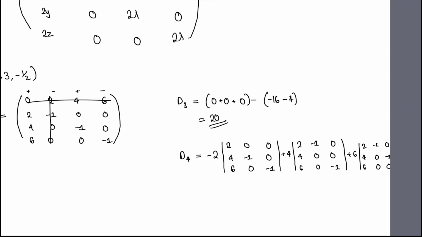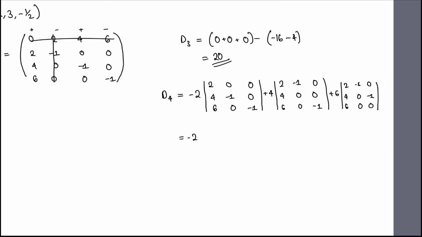6, 0, 0. Cool. If we work out the determinants now, this is 2, this gives us 0, this gives us 0, this gives us 0, this gives us 0, and then this gives us 0. So the determinant of this matrix is just 2.